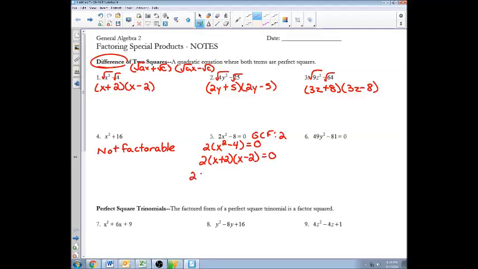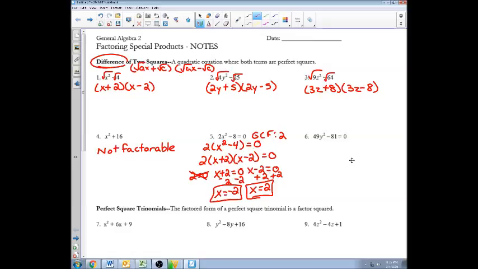So 2 would be equal to 0. X plus 2 is equal to 0, and x minus 2 is equal to 0. Well, 2 is not equal to 0, so I can get rid of that. I can subtract 2 from both sides, so x could be equal to negative 2. I can add 2 to both sides, so x could be equal to positive 2. And we're good.